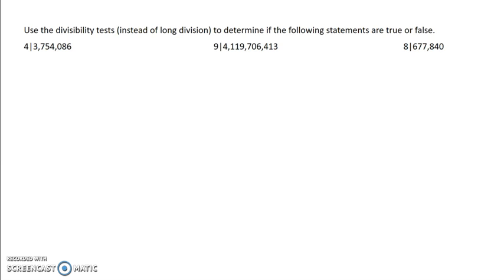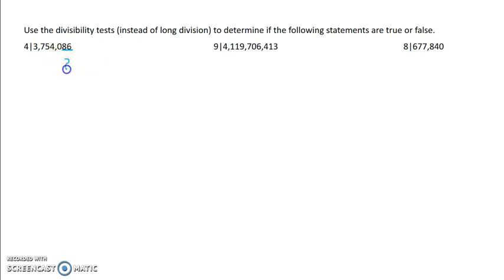So in this case, in the first one, I'm asking if 4 divides 3,754,086. So if you recall, the divisibility test for 4 is that we want to take a look at the last 2 digits. So the number formed by the last 2 digits. In this case, the number formed by the last 2 digits is 86.